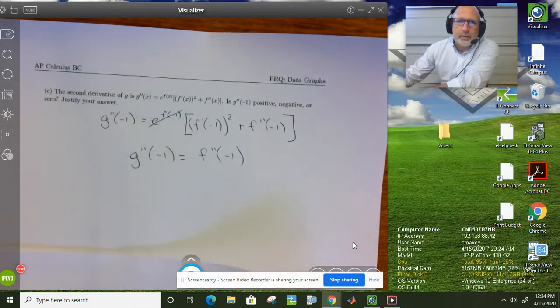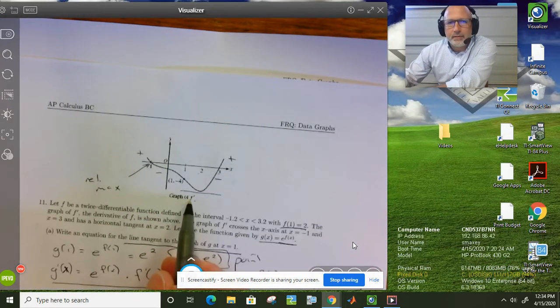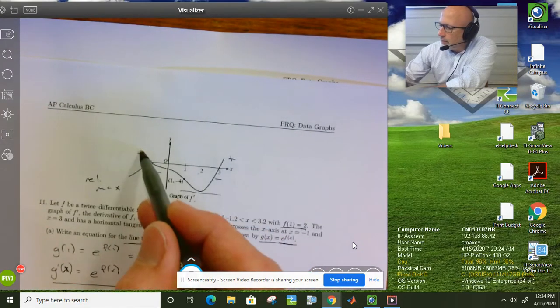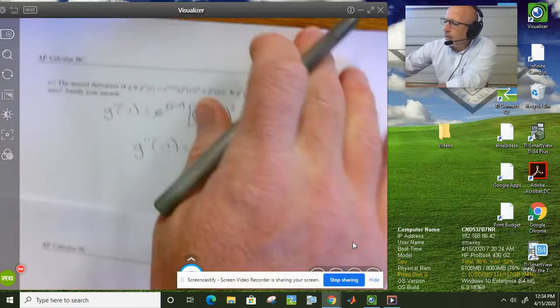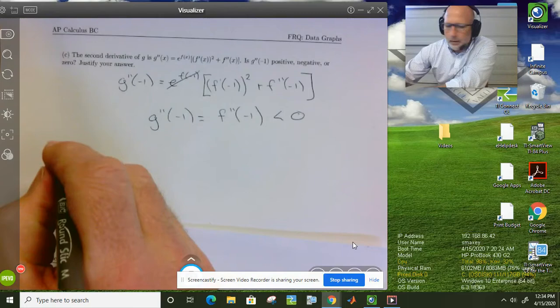The second derivative of f is just the first derivative of the derivative of f, right? So if this is the derivative of f, then f double prime is the slope of the tangent line of this graph. So at -1, you can see the slope is negative. So you know this is going to be less than 0.